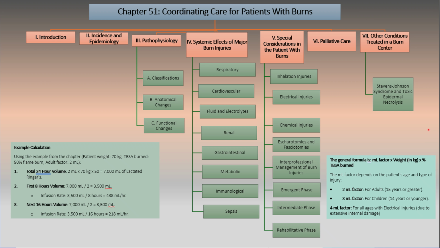Burns that affect more than 20% of TBSA cause systemic responses in addition to localized tissue damage. They can also affect the respiratory, cardiovascular, renal, gastrointestinal, metabolic, and immunological systems. The body fluid and electrolyte balance is profoundly affected due to the compromised integumentary system.